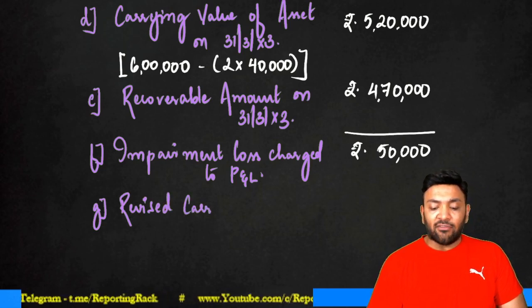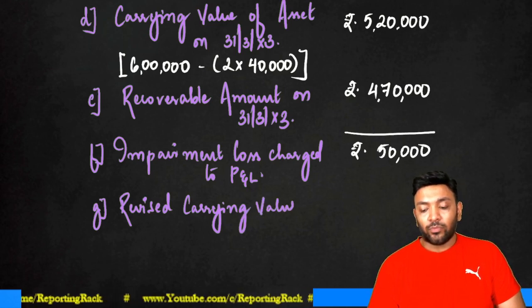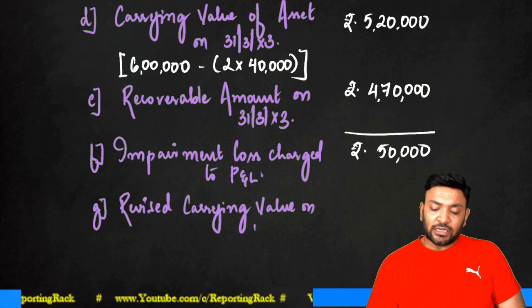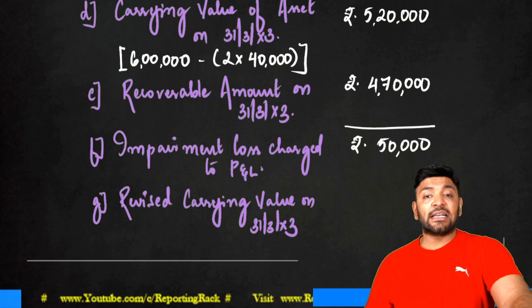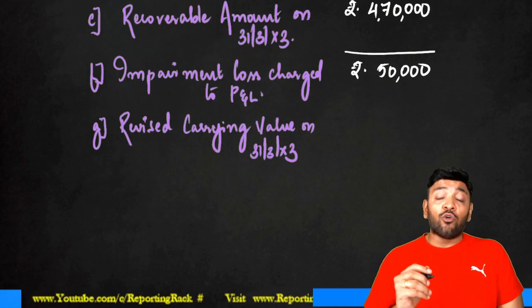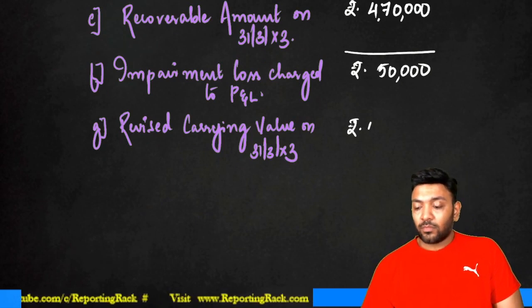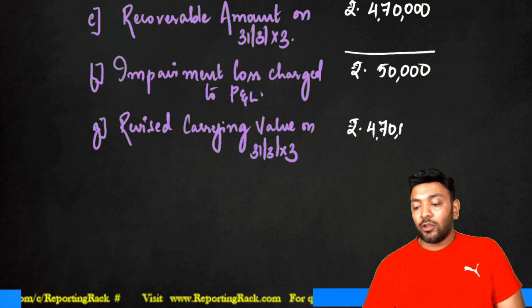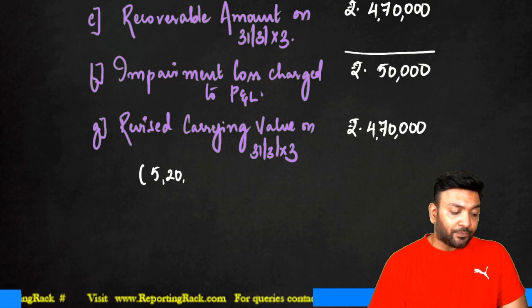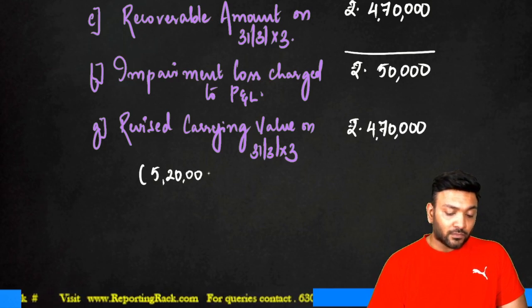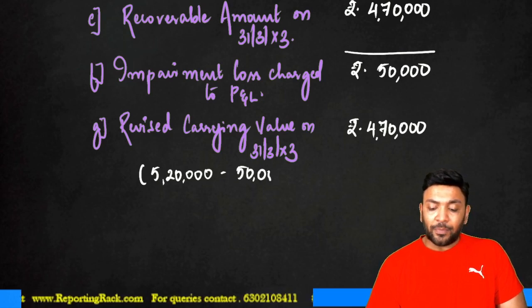The revised carrying value on 31st of March 2023, when I have classified the asset as held for sale, is equal to 4,70,000. How 4,70,000? It was 5,20,000 minus 50,000 rupees of impairment loss.